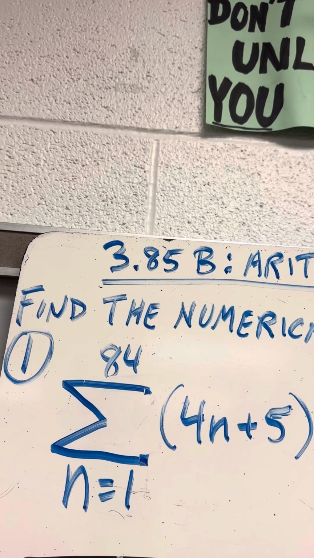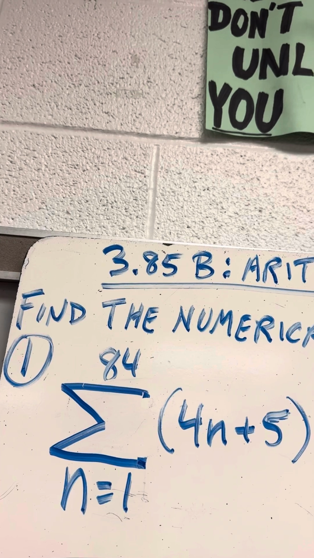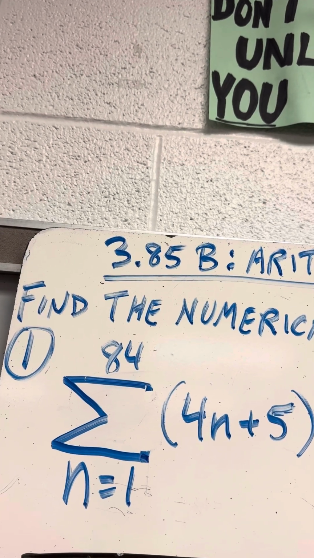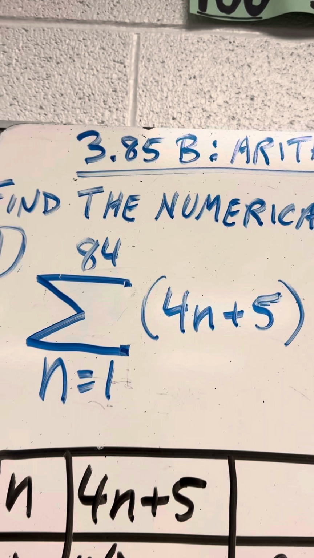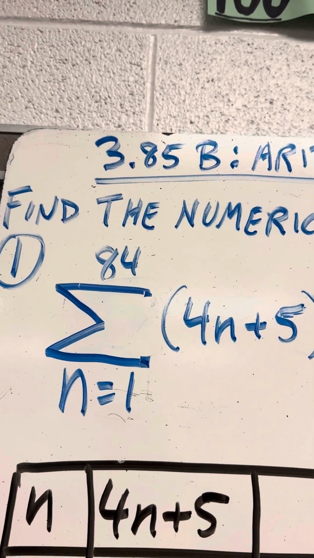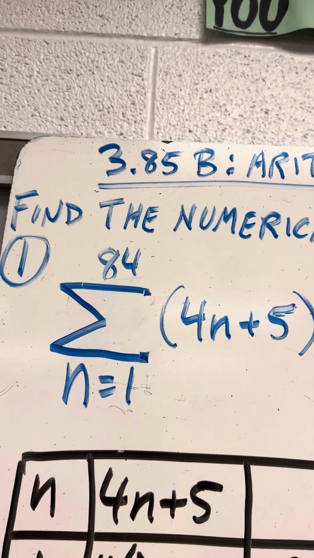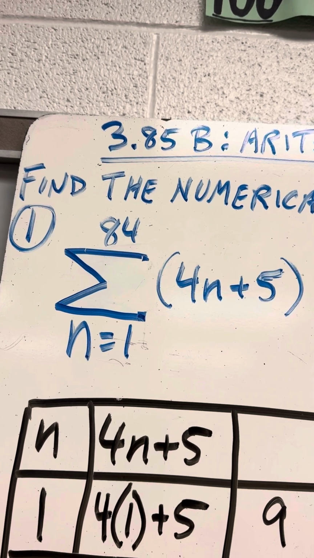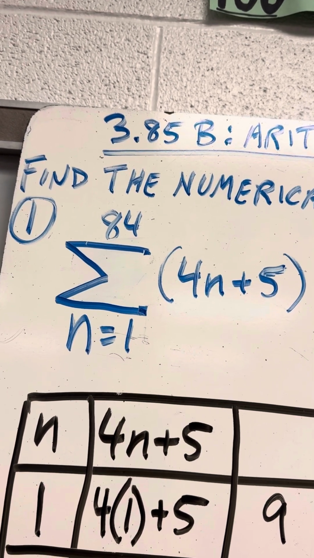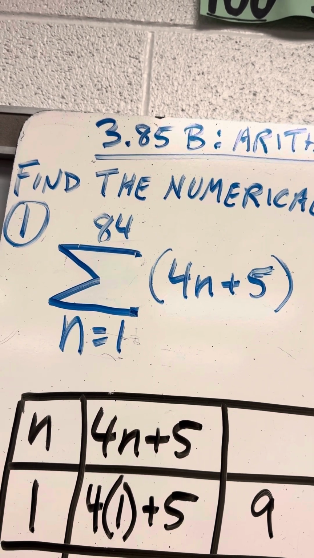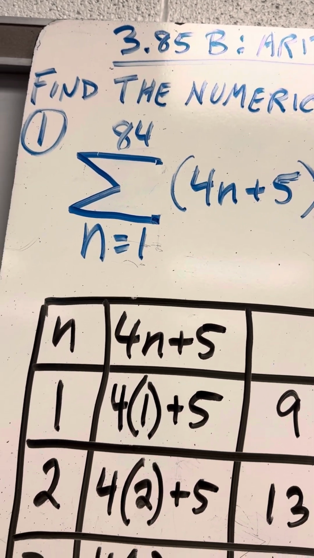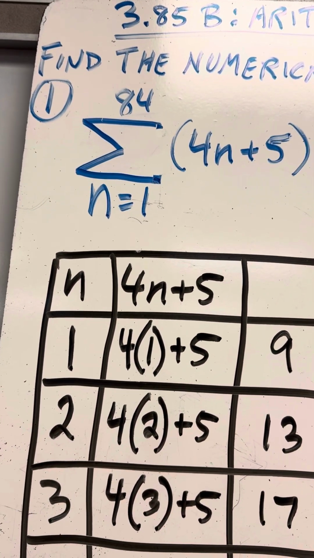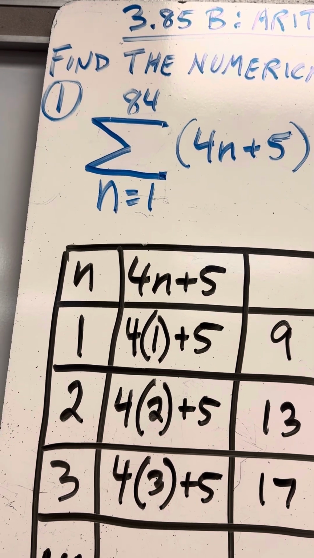Meaning you start with 1 and you finish with 84. So you start by putting 1 in for n, right? If n is the number and 4n plus 5 is the expression, you do 4 times 1 plus 5, which is 9. 4 times 2 plus 5 is 13. 4 times 3 plus 5 is 17. And so on and so forth.